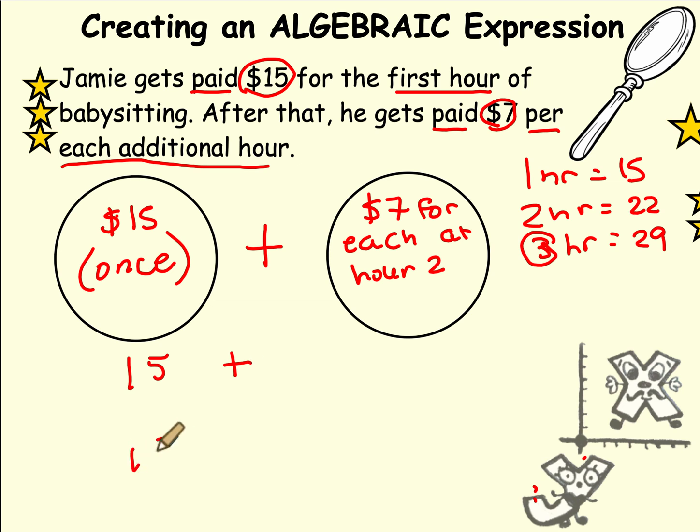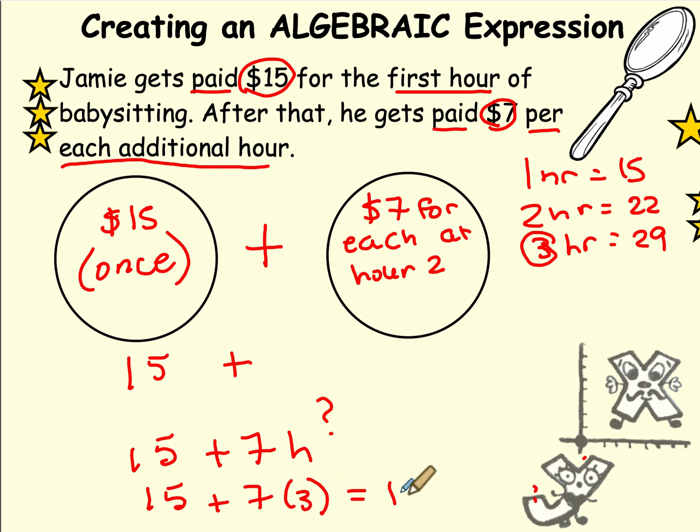So is our expression this? Let's check. If we put in the 3 for H, we should get 29. So 7 times 3 is 21, and 15 plus 21 is 36, which is not 29.